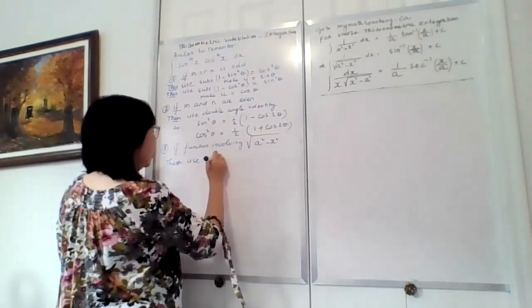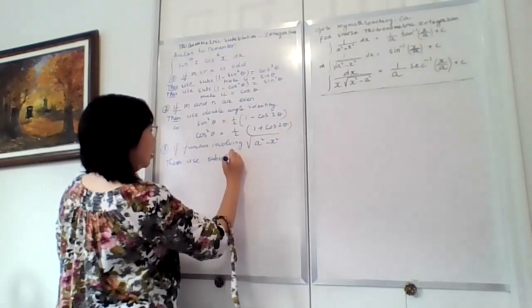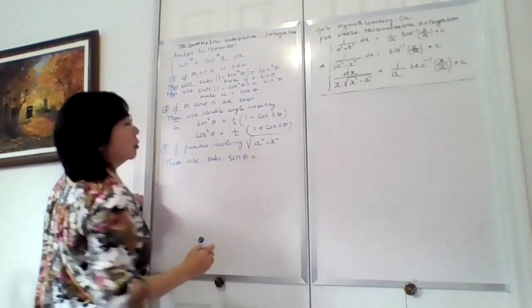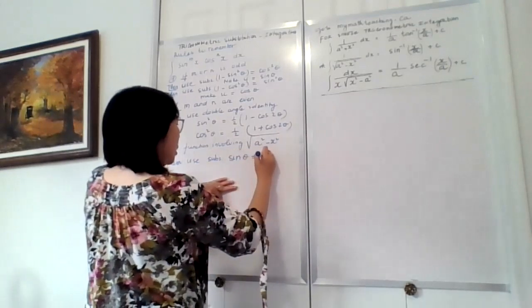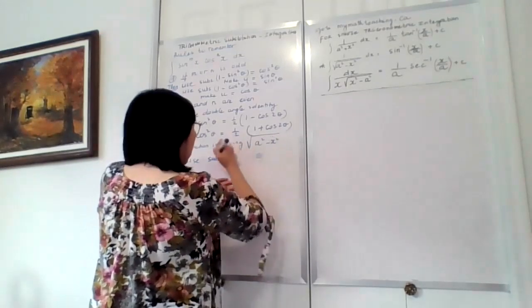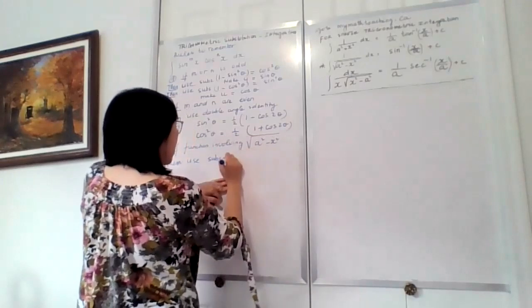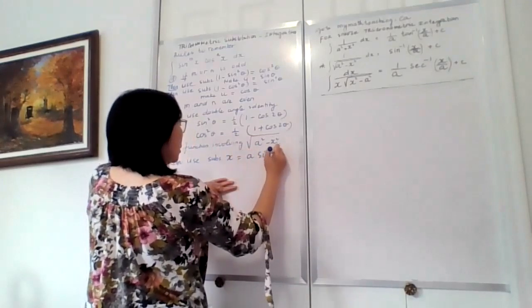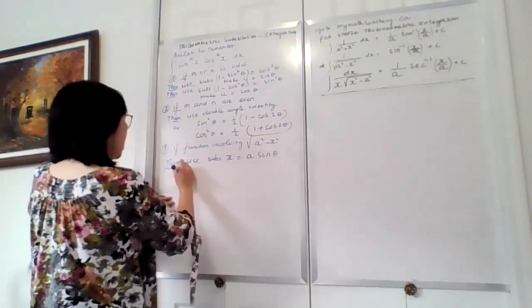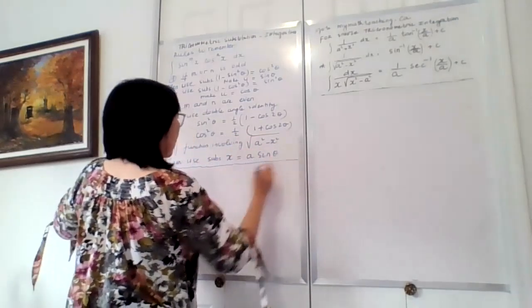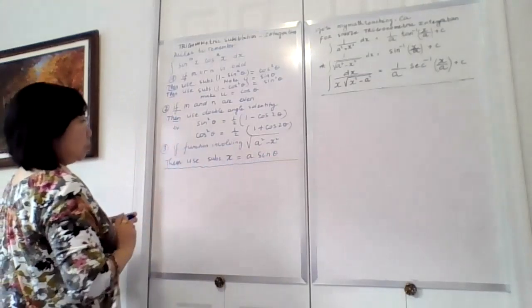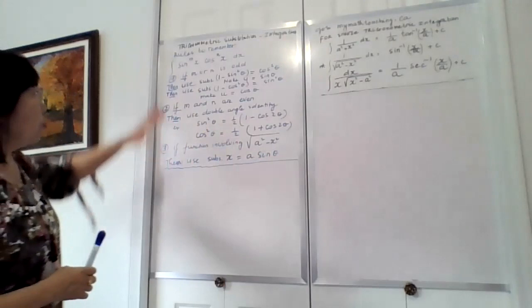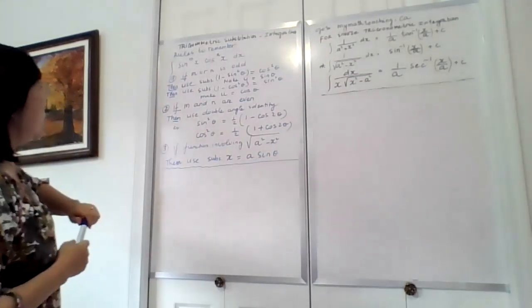Use the substitution x equal a sine theta. So that is the third tip I give you. Just follow this third tip and I will show you when we do it.